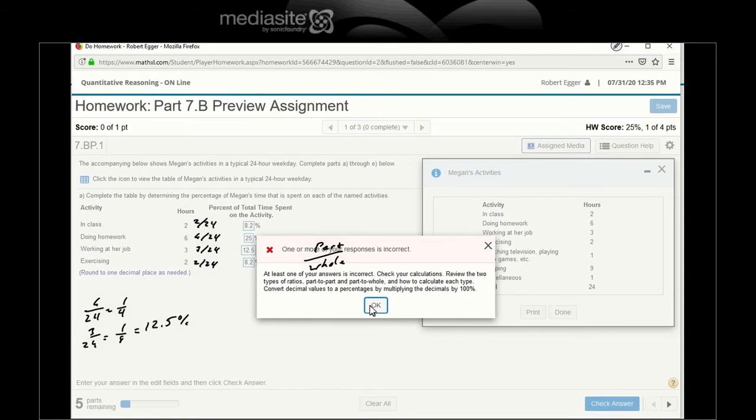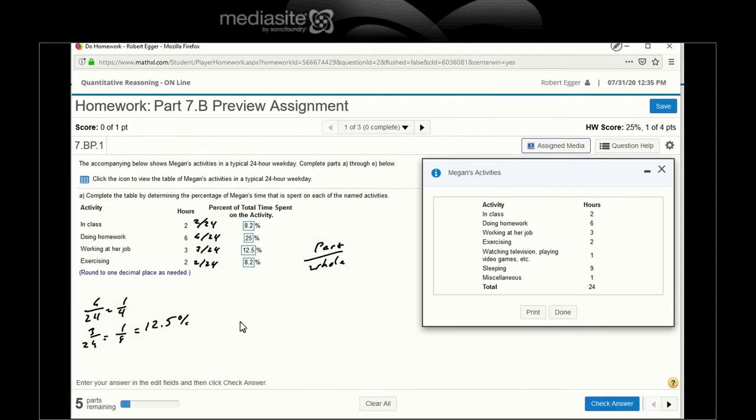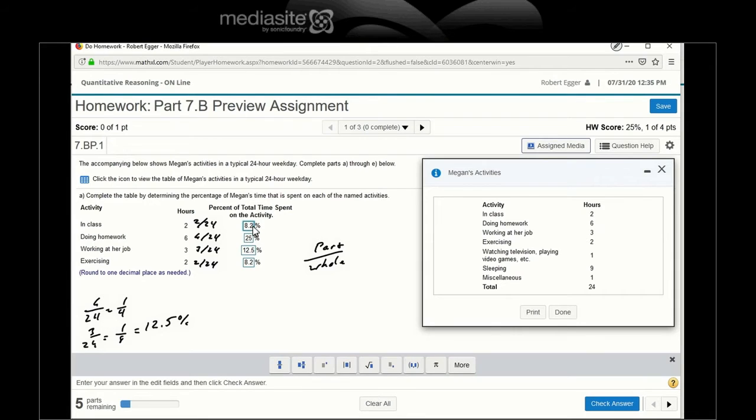Oh, little typo here. 0.08333 does not go to 8.2. A little care.